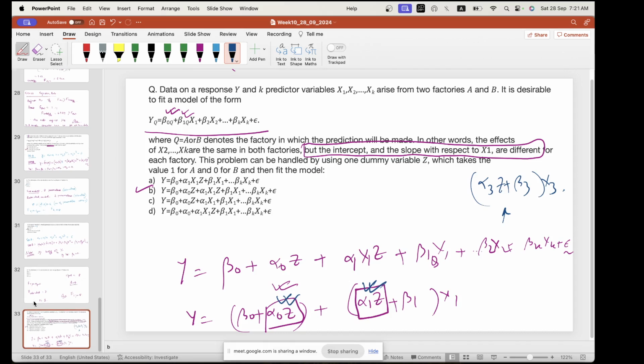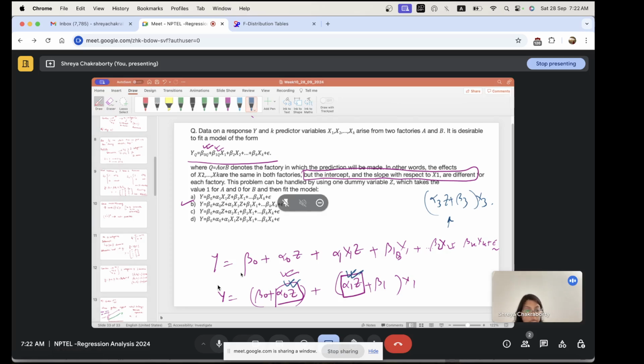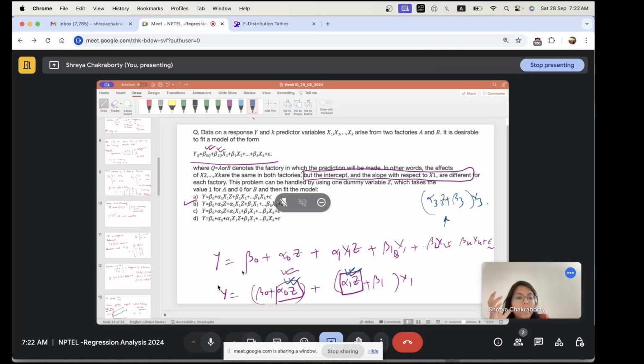Okay, so this was all about dummy variables. We learned how to use dummy variables as an interaction term, how to model different scenarios where the response might depend on the dummy variable of interest, and how we should incorporate dummy variables in our model matrix, so that when fitting categorical variables into our model, we need not bother much.